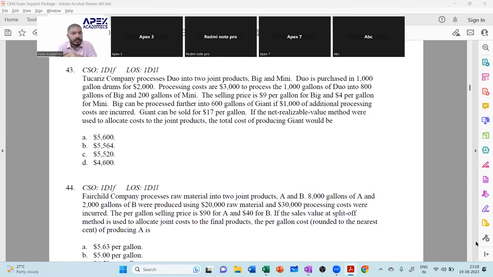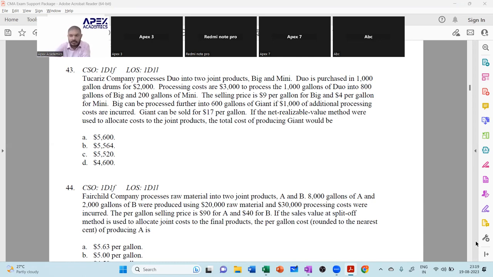Now please pay attention. Tukari's company produces Duo. The product is Duo into two joint products, big and mini. Duo is purchased in 1000 gallon drums for $2,000. The processing costs are 3000 to process the 1000 gallons of Duo into 800 gallons of big and 200 gallons of mini. The selling price is $9 per gallon for big and $4 per gallon for mini.